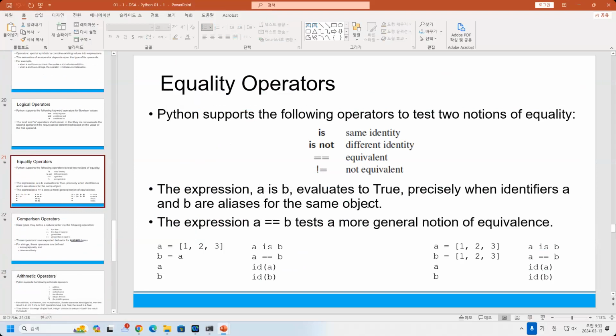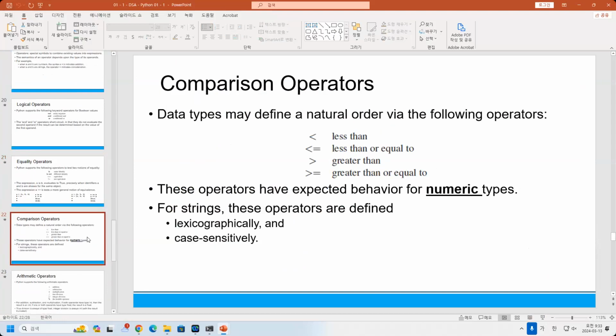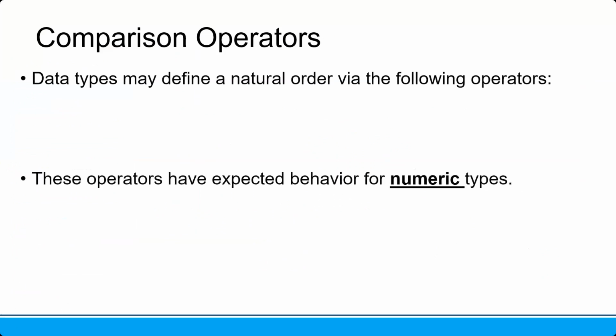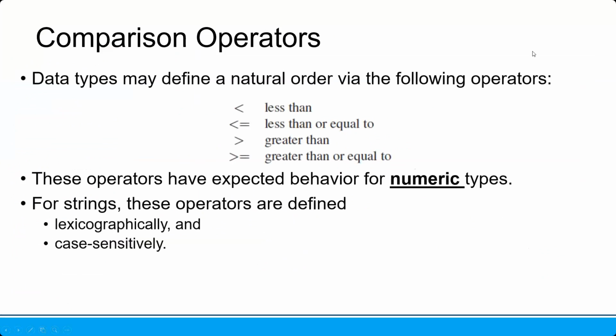Okay, please read the marking to understand the is and comparison operators. It is a natural order to distinguish between the values. I think it is common to use less than or equal to, greater than or equal to.